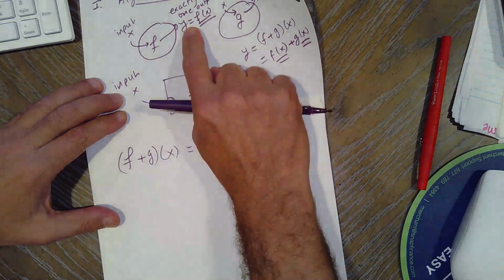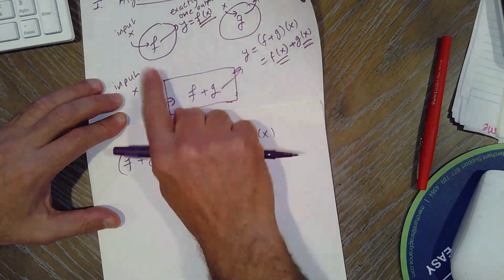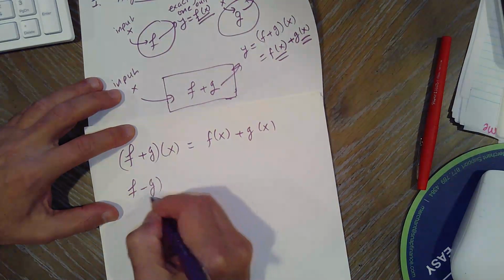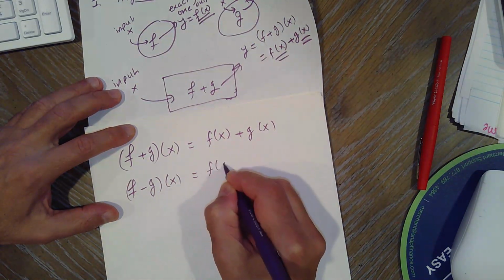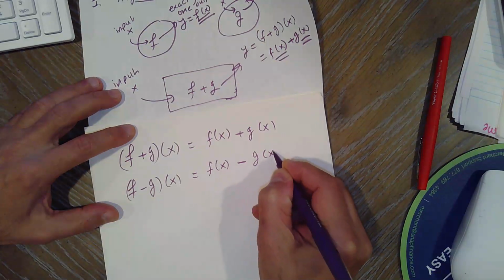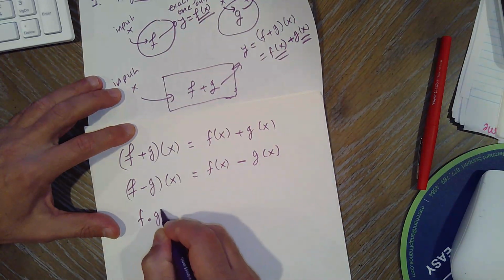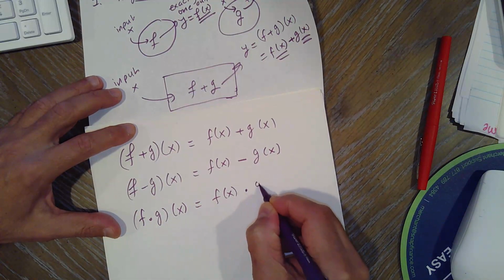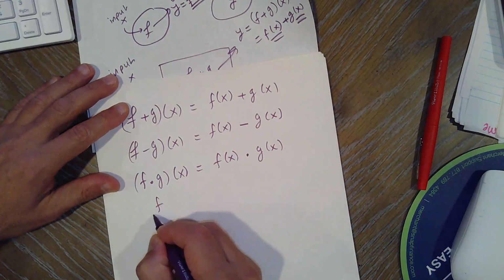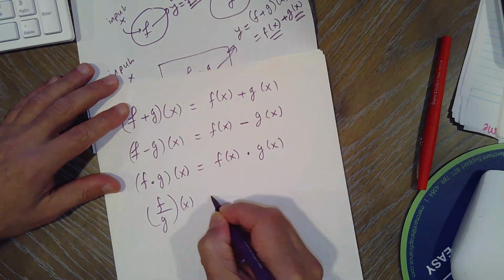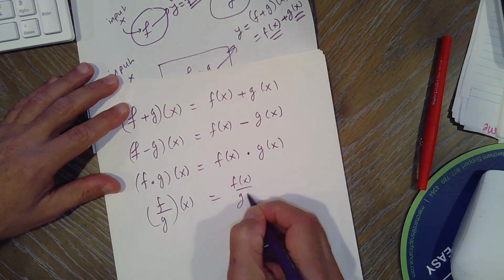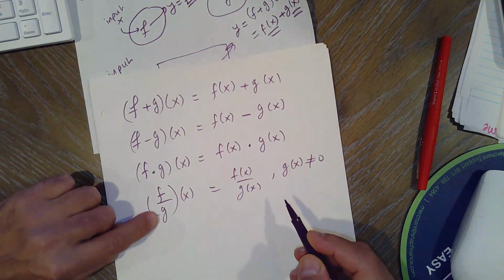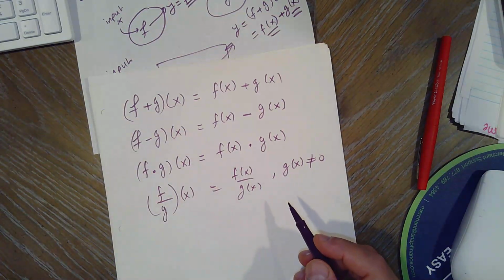Remember, f of x is a y value, g of x is a y value, just using two different machines, okay? f minus g of x is f of x minus g of x. f times g of x is the output from f times the output from g, and f over g of x is f of x over g of x, as long as you don't divide by 0, okay? And if it was g over f, then you do g on top and f on the bottom.